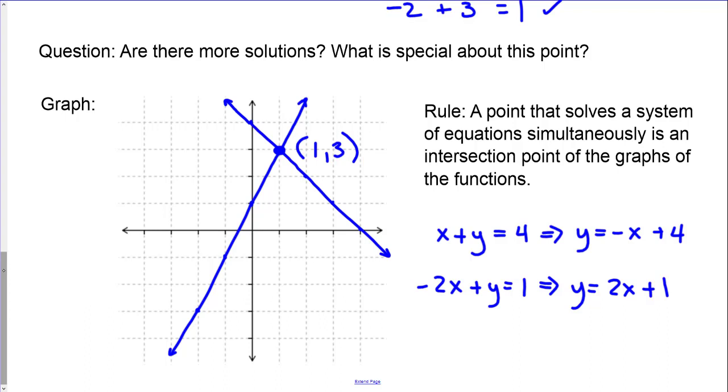The x and the y have to be on both graphs at the same time. To answer the question, are there more solutions? I think it would be obvious to say at this point, no, because there's no way that two lines could ever intersect at more than a single point. So there would only be one solution to this system.